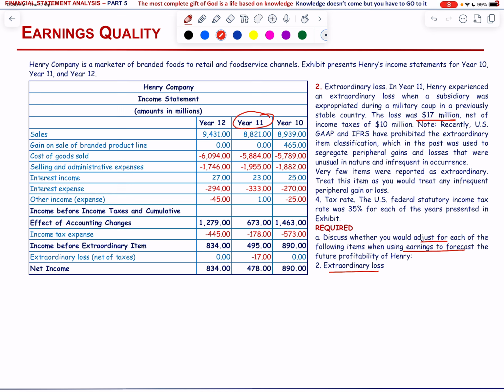But from a forecasting perspective, what really matters is whether the loss is non-recurring, whether it is not related to the core operations of the business, and whether it is unlikely to repeat in the future.